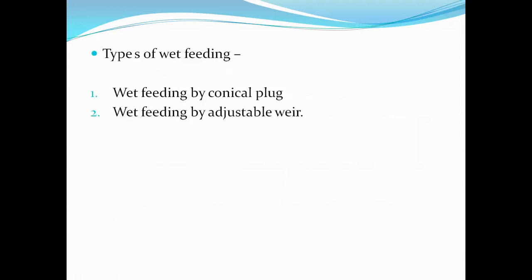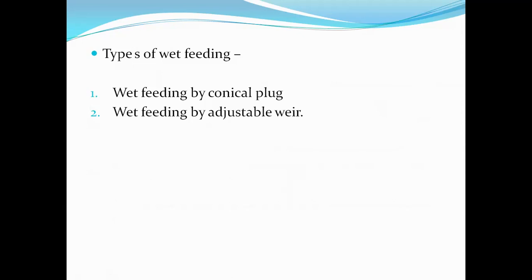Now there are two types of wet feeding: first is wet feeding by conical plug and second is wet feeding by adjustable weir. That is, the solution of coagulant is fed to the water with the help of a conical plug or with the help of an adjustable weir.